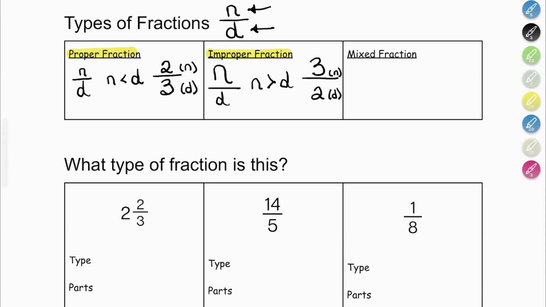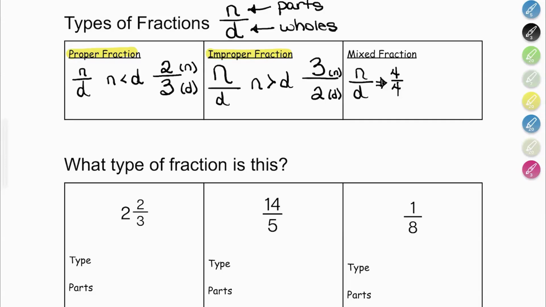Very lastly, we have a mixed fraction. So let's say we have an example where our numerator and our denominator are exactly equal to each other. Let's say 4 over 4. Well, we know when it comes to fractions, we're dealing with parts and wholes.